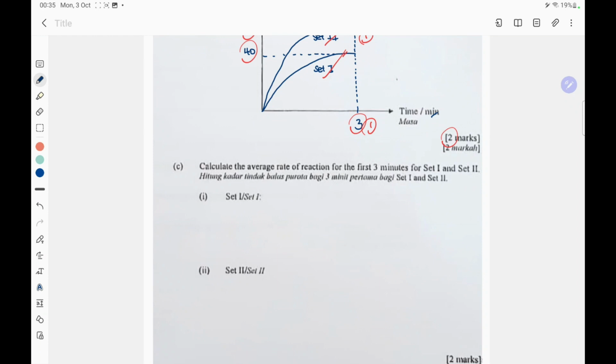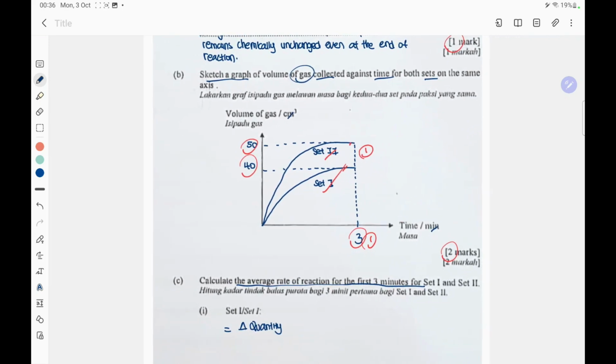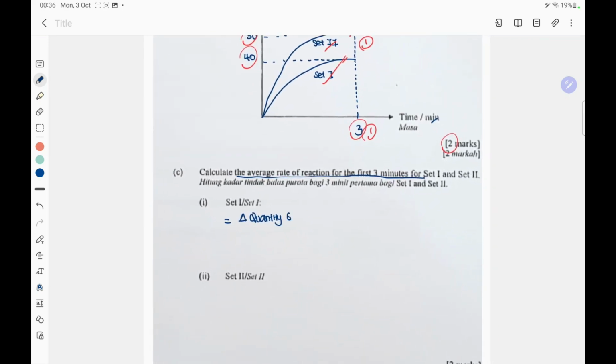Okay, so now we want to calculate the average rate of reaction for the first 3 minutes for both sides. This is very easy. We all know the formula for rate of reaction is change in the quantity of products or reactants. But here, quantity of what? Quantity of product, which is the gas. Quantity of gas over change in time.